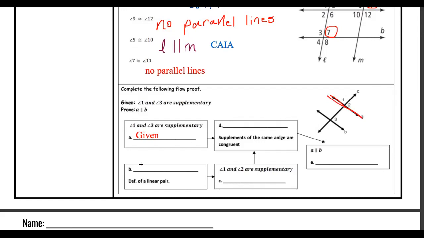So we can say angle 1 plus angle 2 equals 180 degrees. And that's the definition of a linear pair, all right?